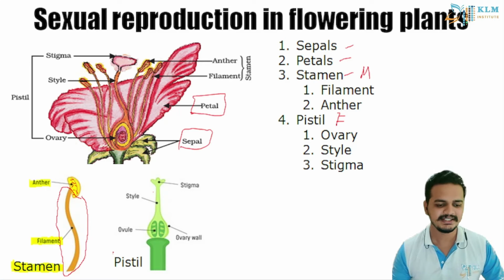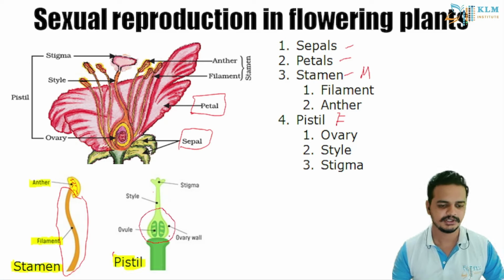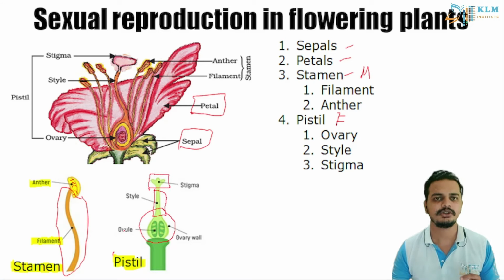So pistil has the eggs. Where does it have the eggs? It has them in the ovary. This part is known as the ovary. The elongated part is known as style, and then the stigma, which is sticky in most flowering plants.